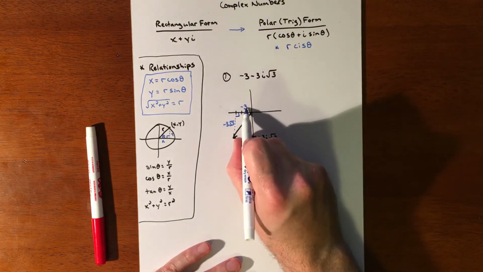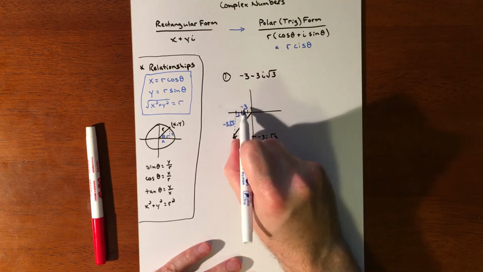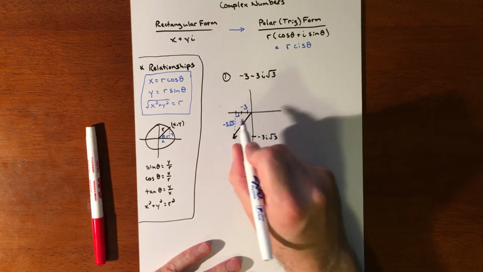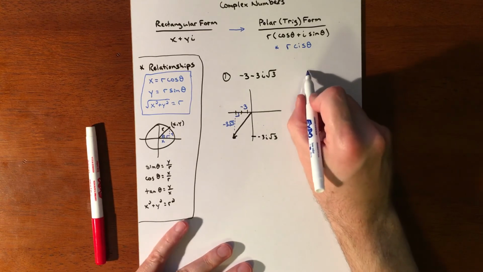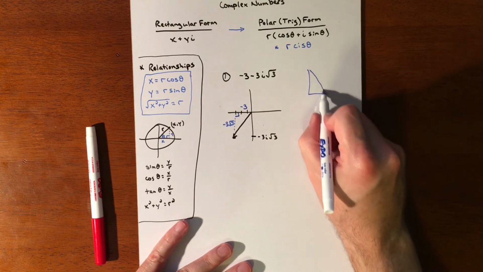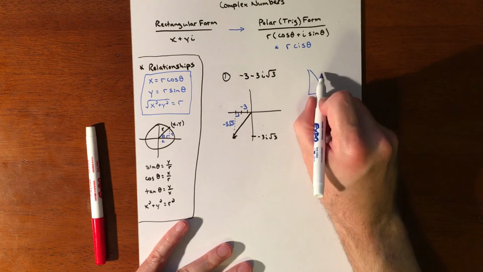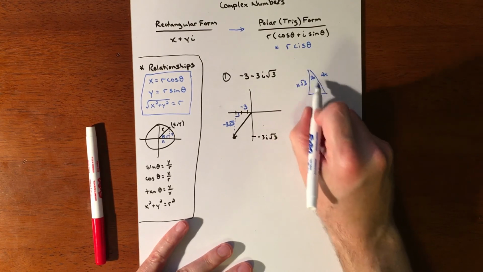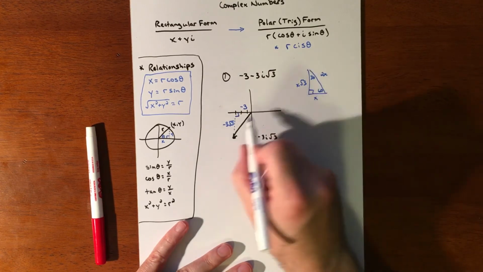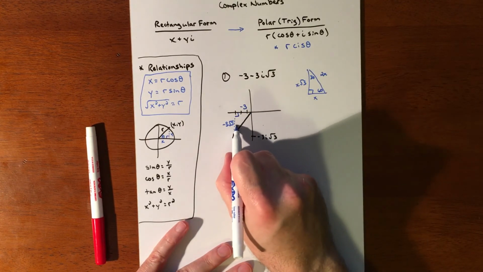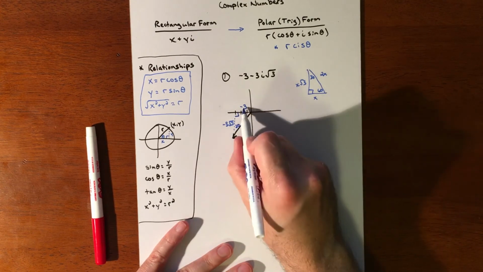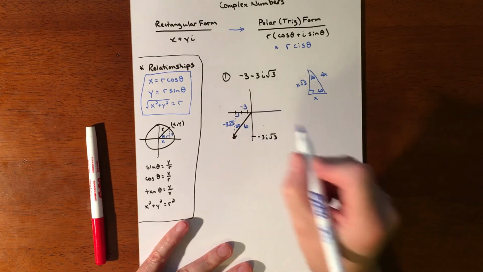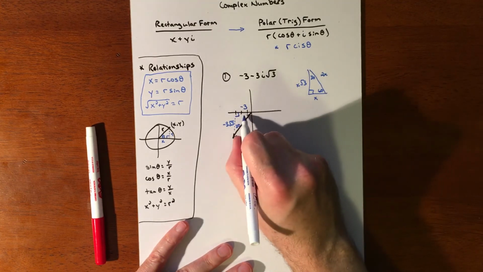And if you notice that this is a 3 and this is a 3 root 3, that's like the x root 3. So this is going to be twice whatever that is. It's part of your 30, 60, 90 triangle. So if you recognize it, you have an x, 2x, x root 3. That's the 30, that's the 60. So you're sitting at this being across from the 30, and that's your x. Double it for the hypotenuse, which puts that at a 6, which makes this 60.